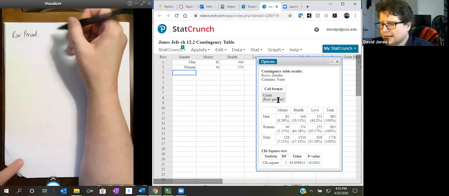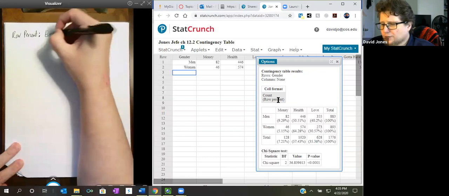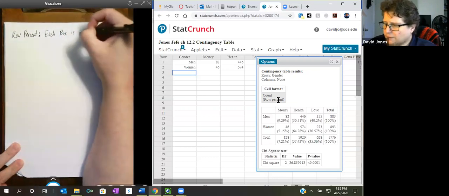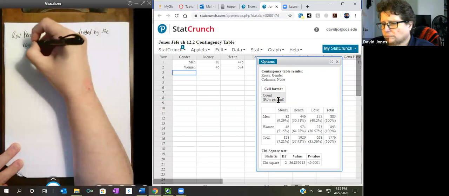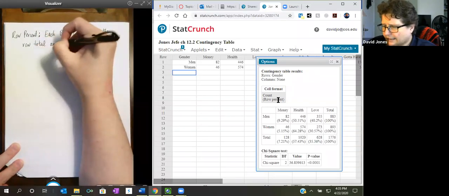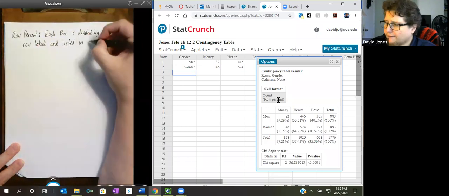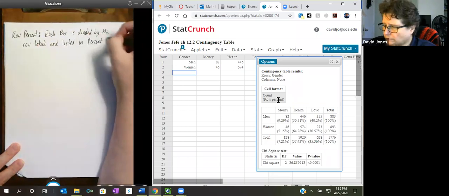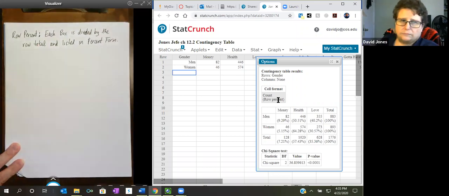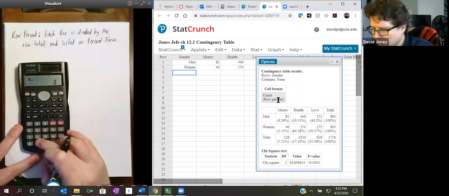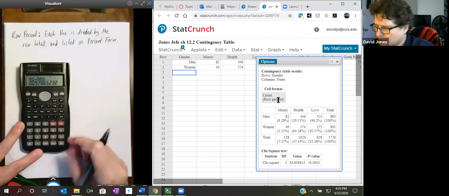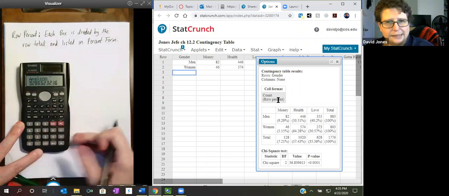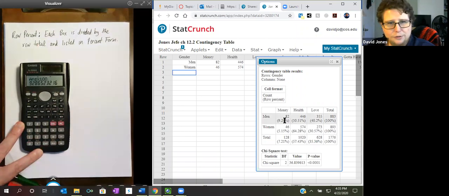What they're doing is taking each box divided by the row total, and listed in percent form. 82 divided by 883 times 100 percent gives me this 9.29% to 2 decimal places. So that's what they're doing.